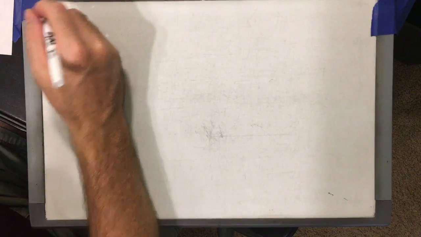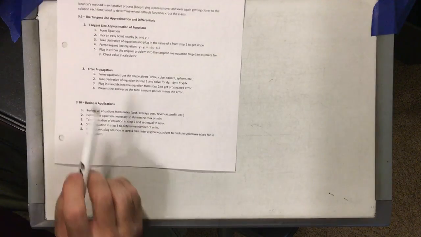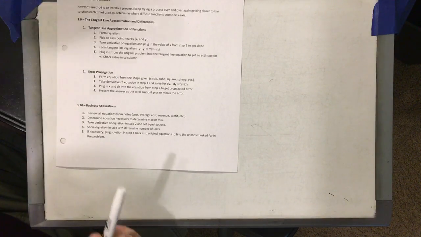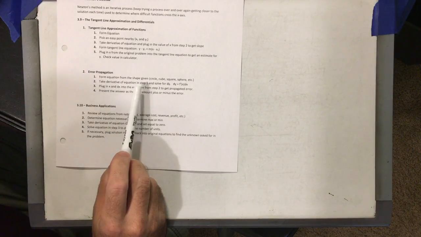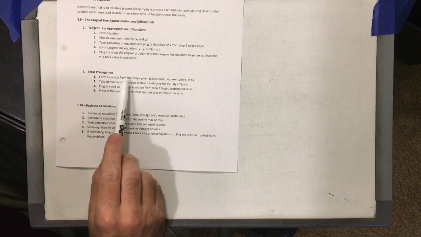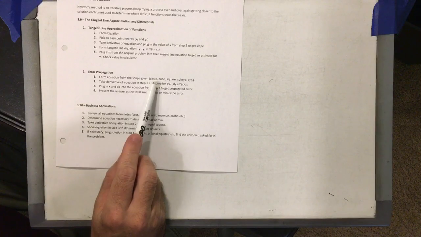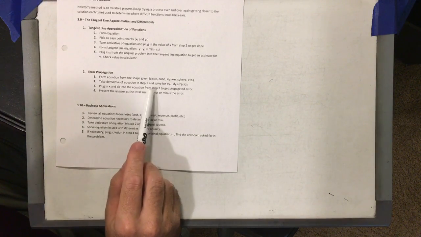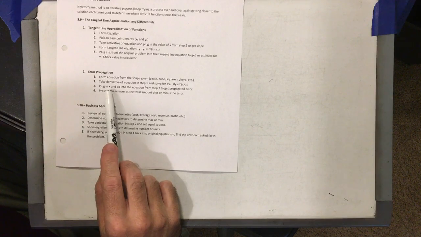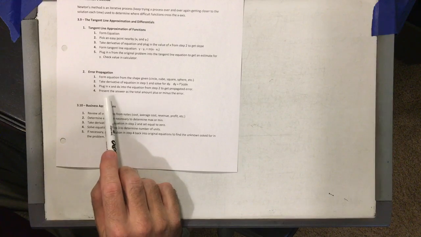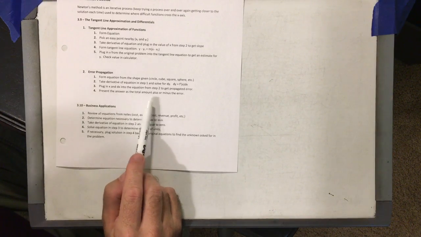All right, then in 3.9, this next thing we learned was error propagation. Okay, so for error propagation, we wanted to form an equation from the shape given. Let's say it was a circle, a cube, square, sphere, whatever. We take the derivative, plug in x and dx into the equation from step 2 to get the propagated error, and present the answer as total plus or minus the error.